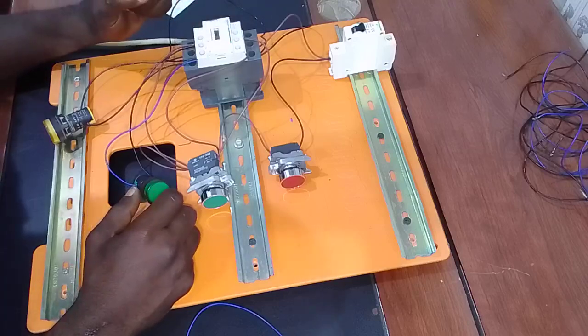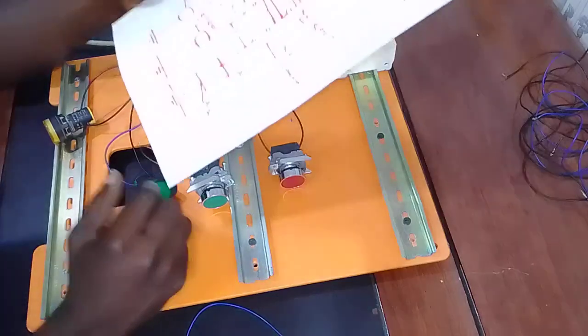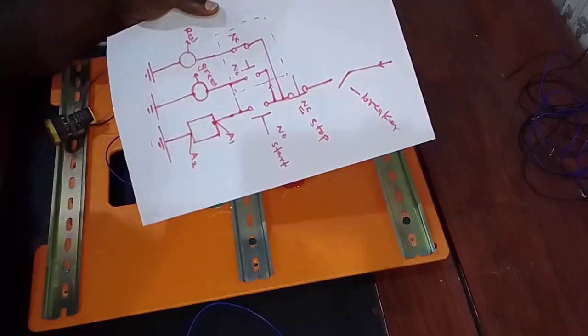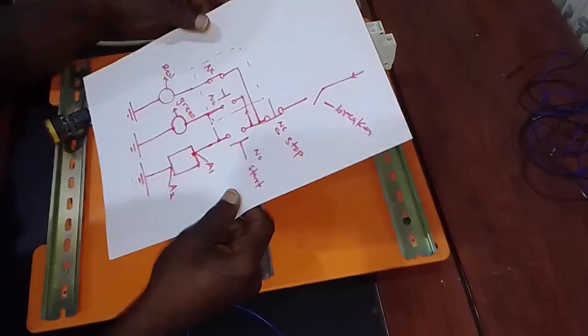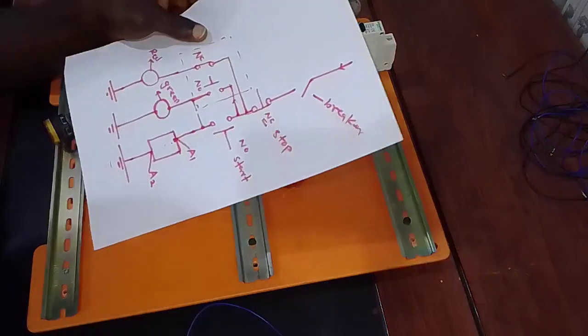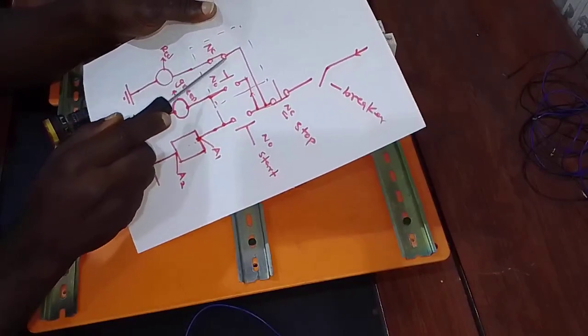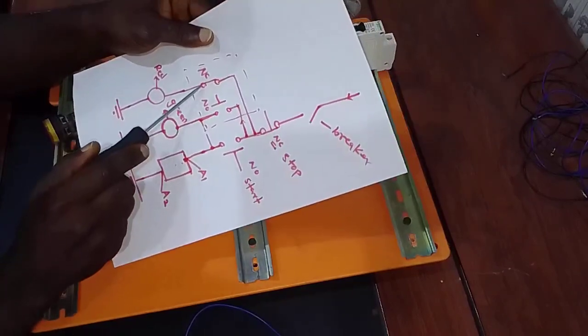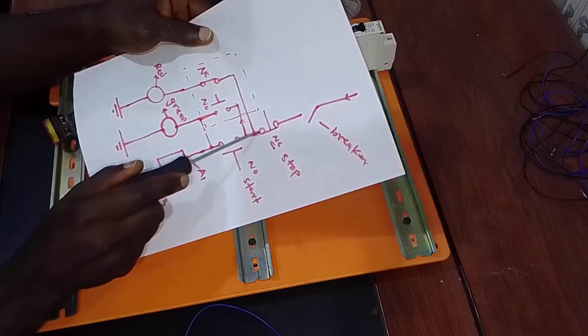So let's look at how the red indicator light will be used to show that the circuit is off. For what we saw here, we took advantage of the normally open contact of the auxiliary contact, and we looped from the lifeline here.